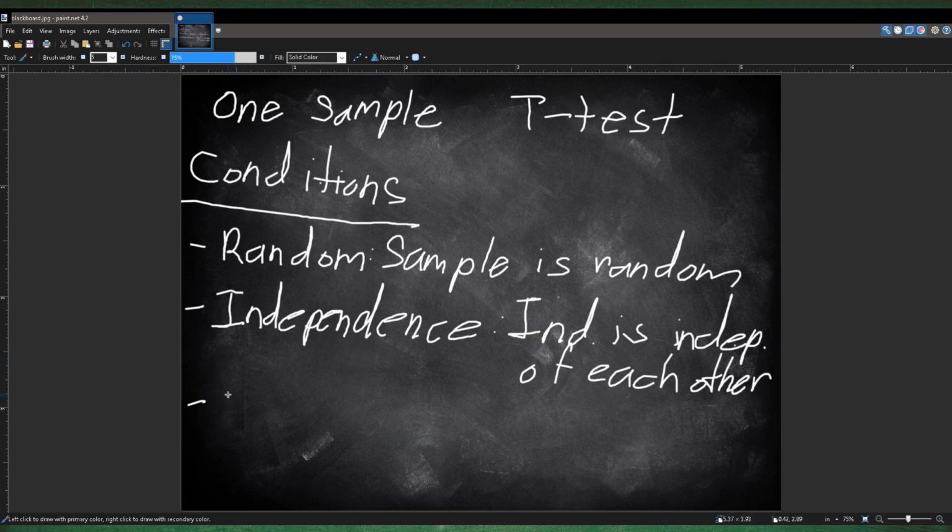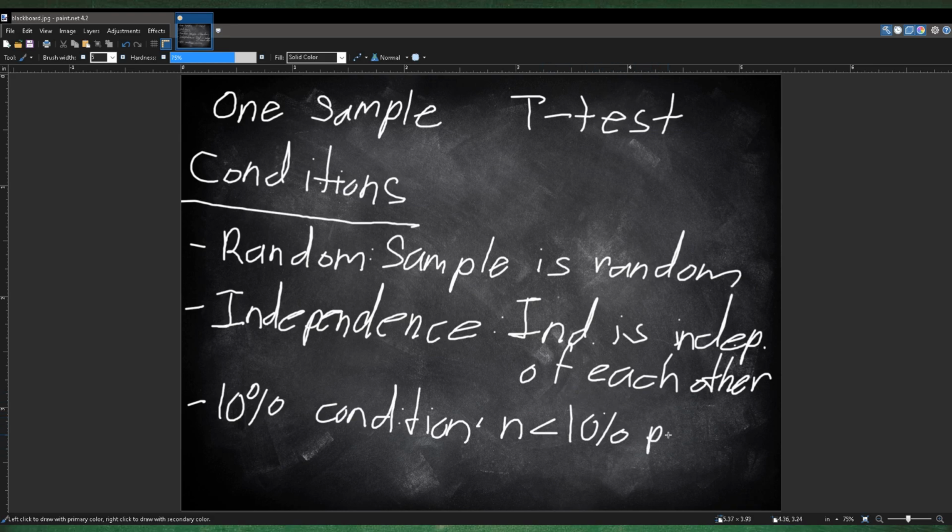Okay? And now you have the 10% condition, which is that your sample size, usually the variable n, has to be less than 10% of the population that you're observing.